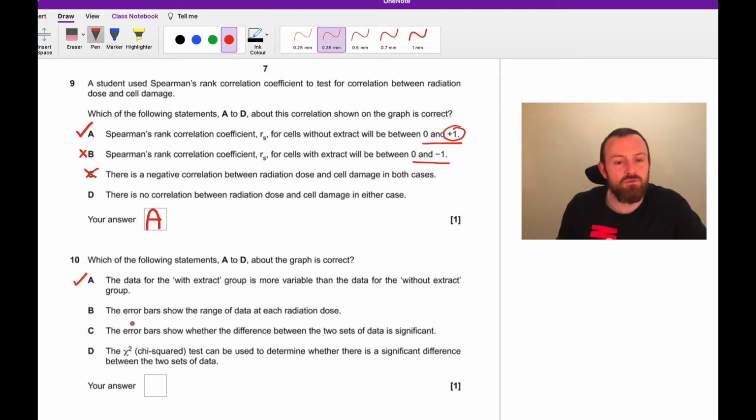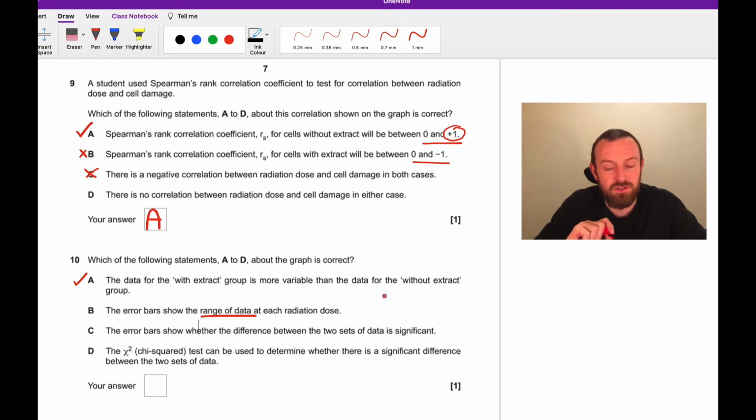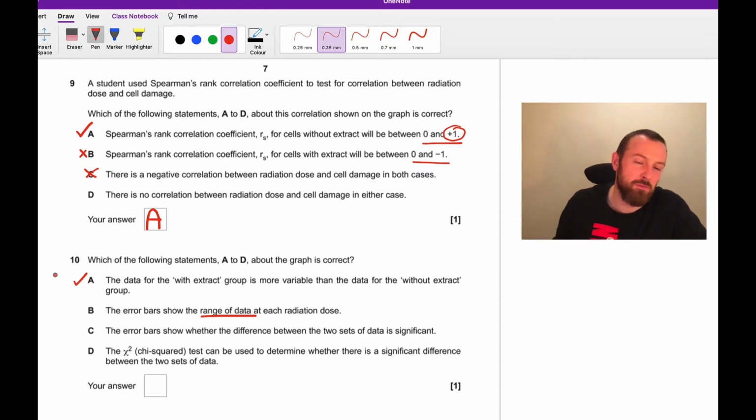The error bar shows the range of data. That's actually not true. If you read the question carefully, it was the standard deviation of the data. C, the error bars show whether the difference between two sets of data is significant. That's saying too much. They give you a bit of a clue, but it's not really that. The chi-squared test can be used to determine whether there is a significant difference between the two sets of data.